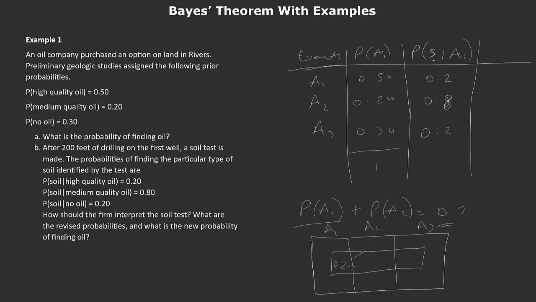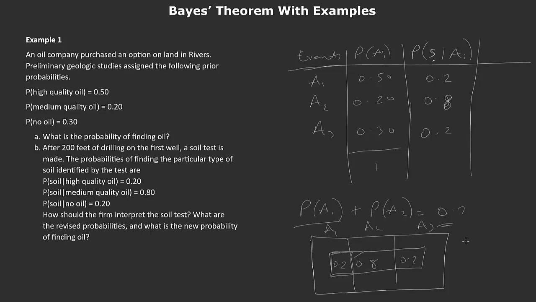That's the conditional probability of finding this soil type, given that you actually detected a high quality oil, whereas this is 0.8 and this is 0.2. So that is how you think about it. This S is an evidence, but then you need probabilities based on history of finding that evidence, given that those events must have occurred.